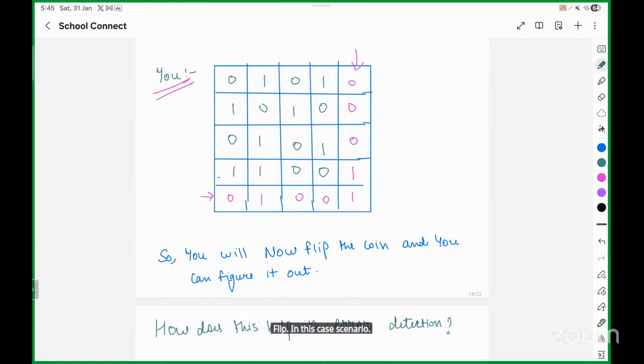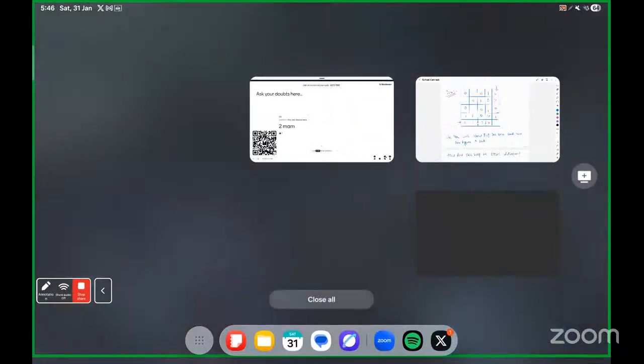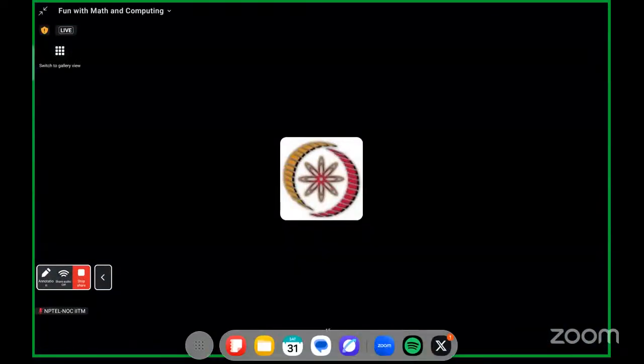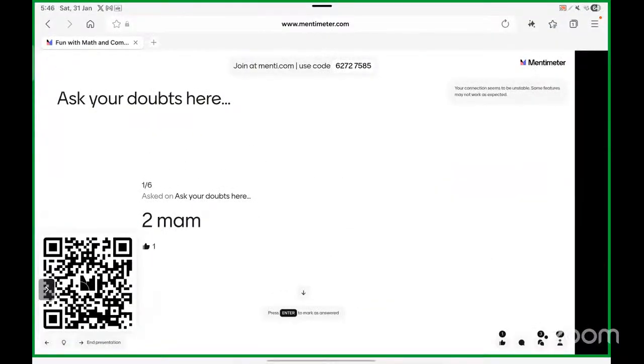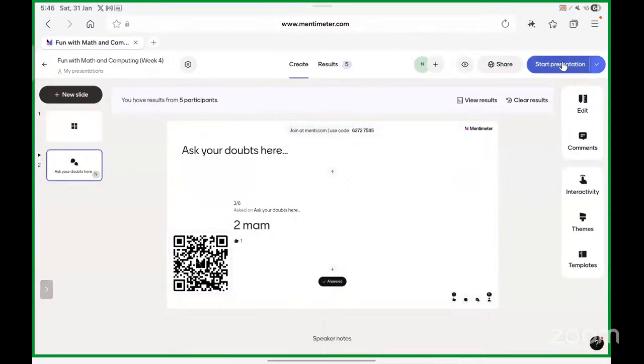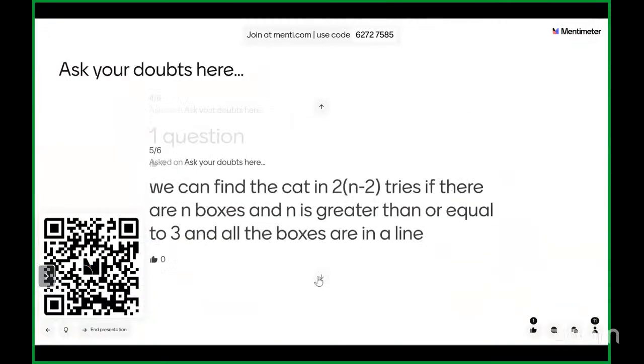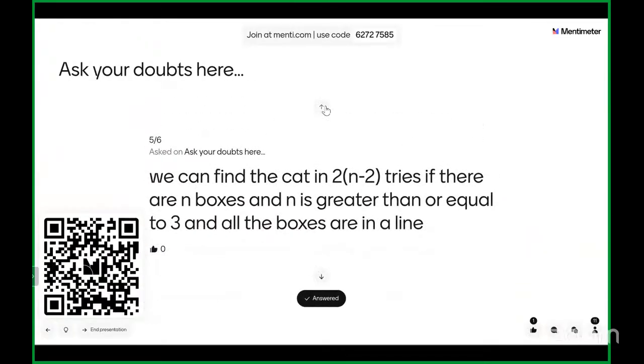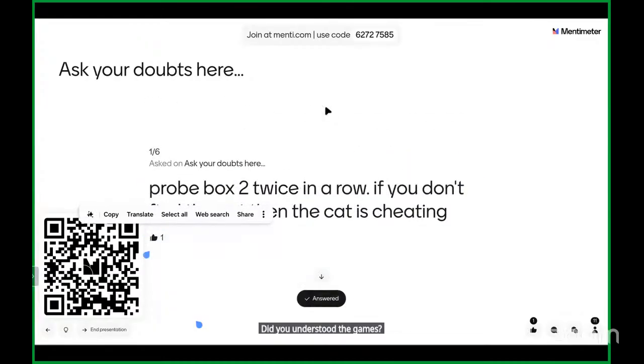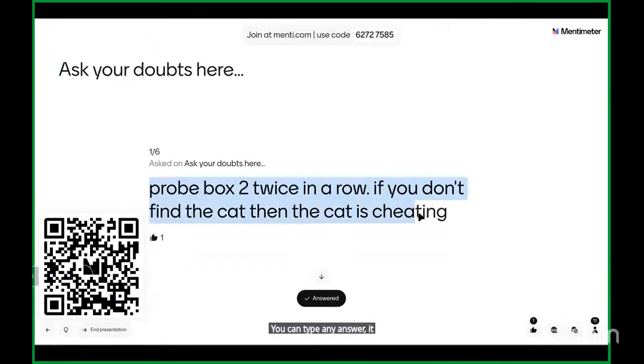Like, if I've given you this, which coin would have been flipped? Did you understand the game? You can type any answer. I don't even know who is answering it.